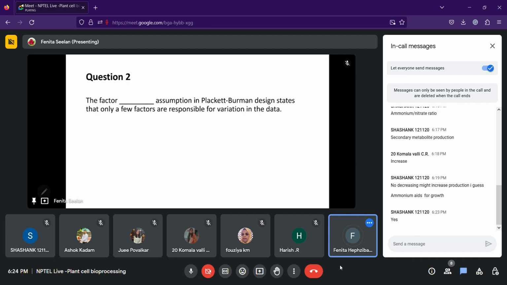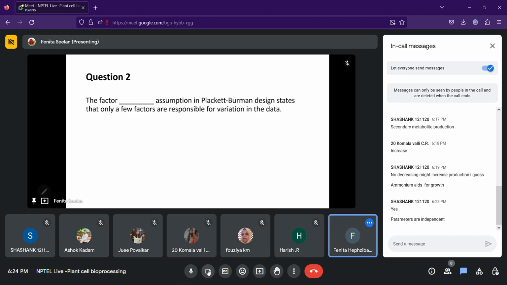This is one of the assumptions of Plackett-Burman design. If you are able to recall the assumption, you will be able to answer this question. Parameters are independent. Okay, the factor parameters are independent. See, read through the next line, which states that only a few factors are responsible for variation in the data.